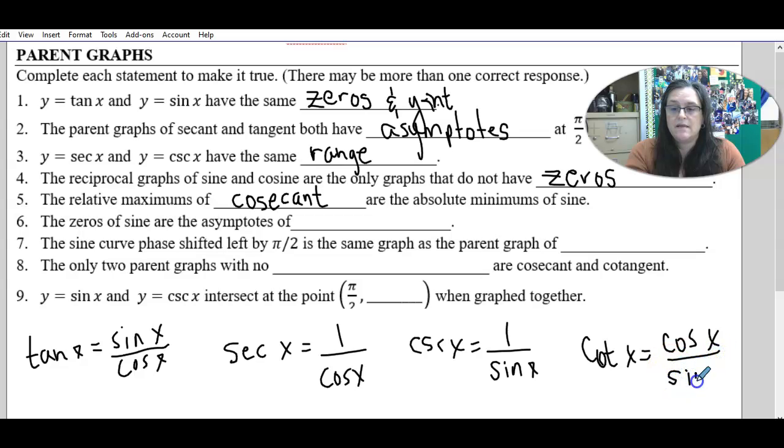Since you can't divide by 0, anywhere that sine is in the denominator, we're going to have asymptotes. So the zeros of sine are the asymptotes of cosecant and they're the asymptotes of cotangent.